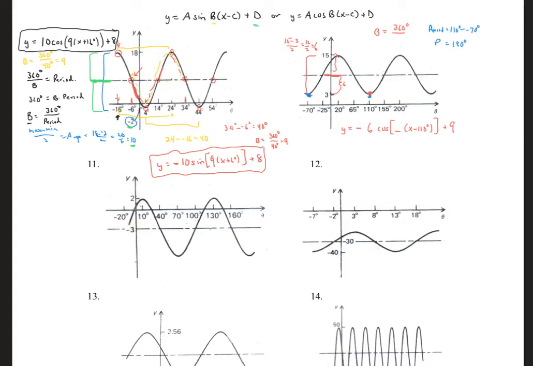So our period for this graph is going to be 180. That's going to make our B 360 divided by the 180, which is 2. And so that's going to be our B that goes right here. And there is one possible equation for that graph.